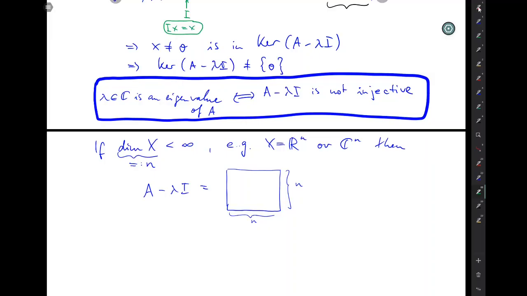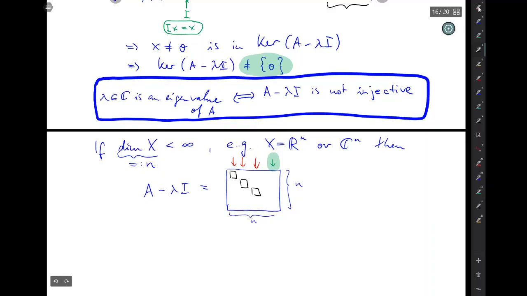So after Gaussian elimination, you would have pivot elements sitting somewhere here along the main diagonal, but maybe not all the way. So some of these variables here would be bound variables, but some of them are free, and these are the ones where the column has no pivot element. The fact that you have free variables means that you have a kernel that is not just zero, so you have freedom in your set of solutions.